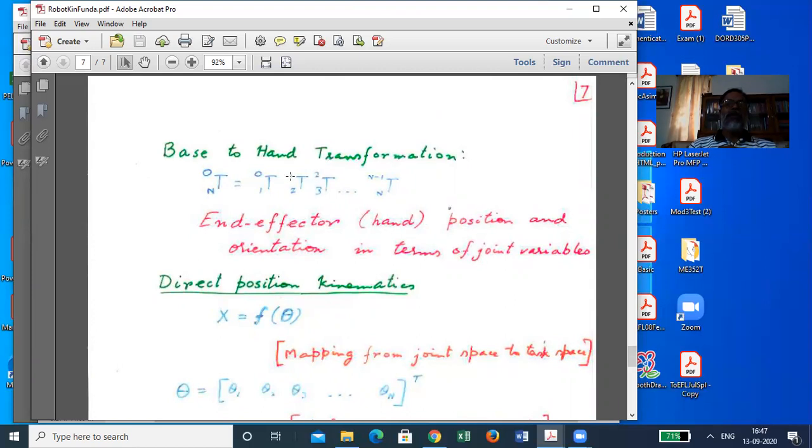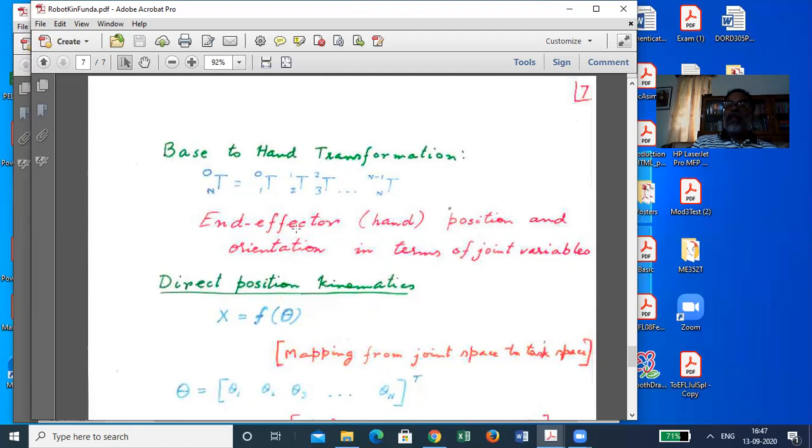Then in frame 1, frame 2 has been expressed. In frame 2, frame 3 has been expressed. And then when you multiply all these, the successive rigid body transformations together can represent the position and orientation, the 4x4 transformation matrix of the nth link, which is the last link, nth frame, relative to the base frame as expressed in the base frame.